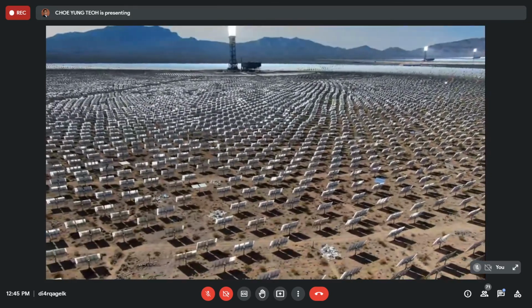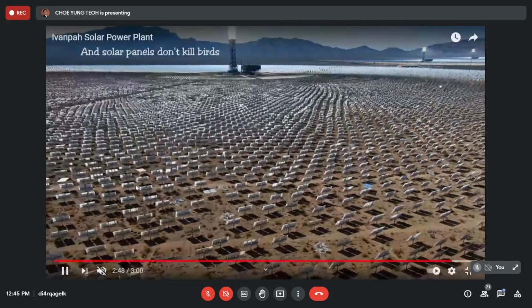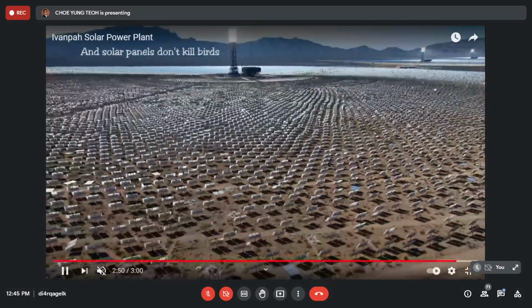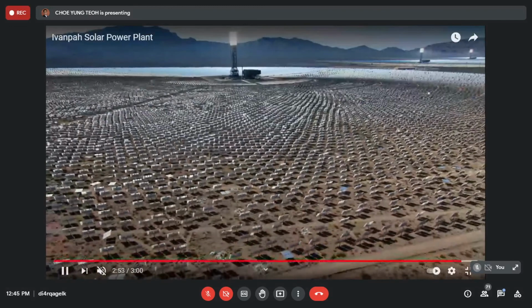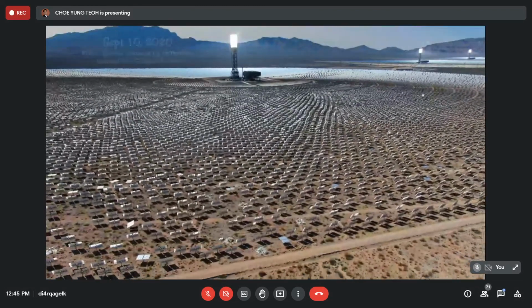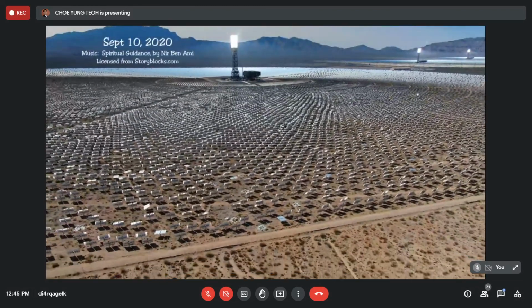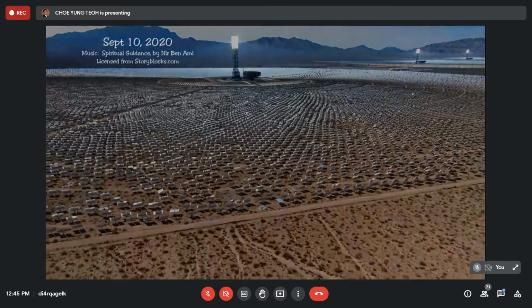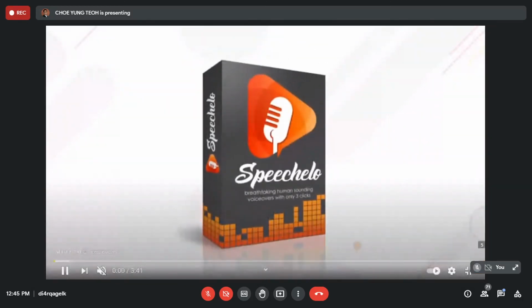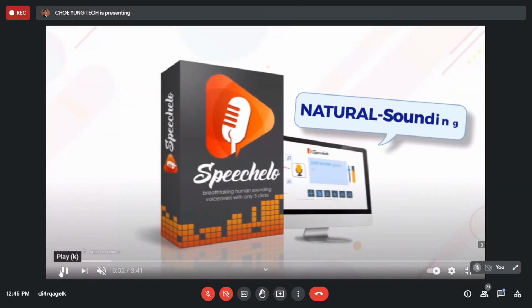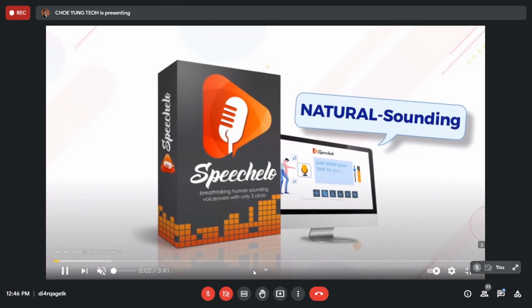Do you notice that there is a lot of spacing between the mirrors? If I use this area to build a photovoltaic power plant, you should get better power output, because photovoltaic solar panels are able to cover almost the entire surface, but not like this.